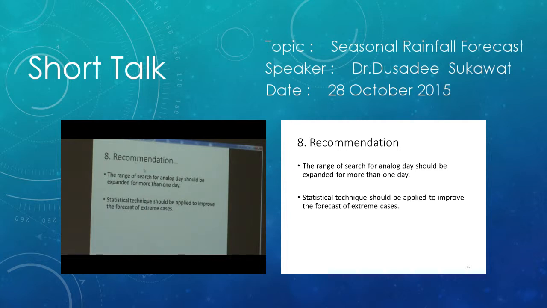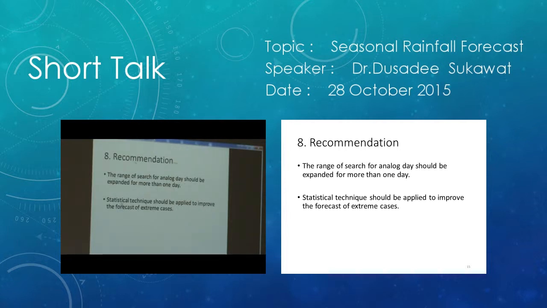Let's say the 1st June forecast should be compared to 1st, 2nd, 3rd June, and also 29th, 28th, 29th, and 30th of May, something like that. So you have more climatological data to search for the analog day. You will get a better analog day, and the result of the forecast should be better.